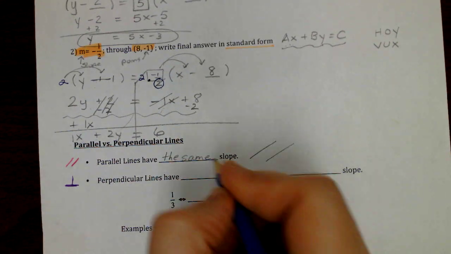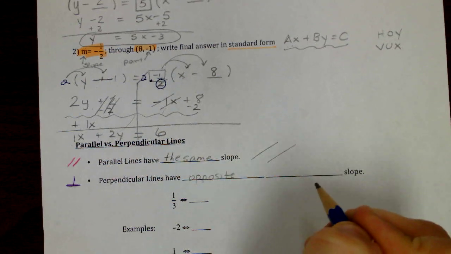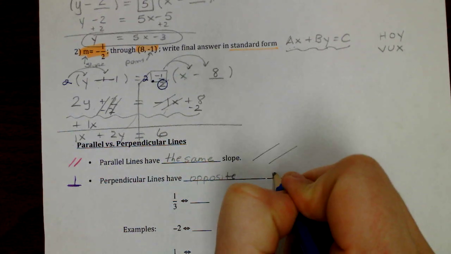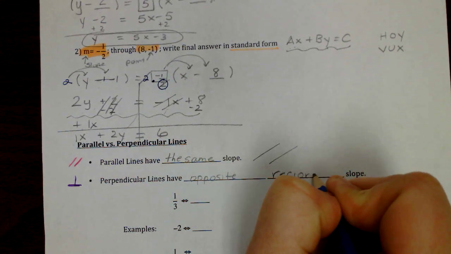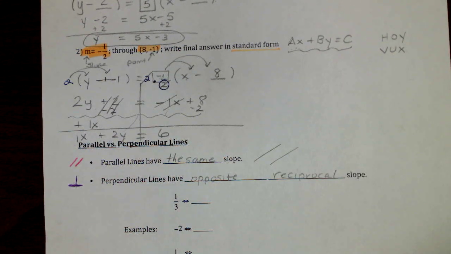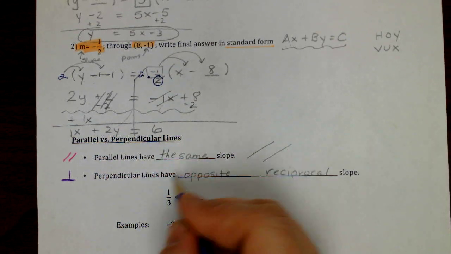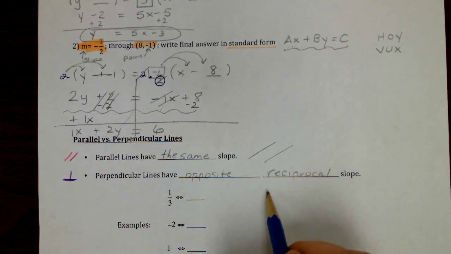Perpendicular lines have opposite signs, so positive versus negative, and the word is reciprocal slopes. Okay? So I'm going to redo this chart a little bit over here just to make it a little neater.